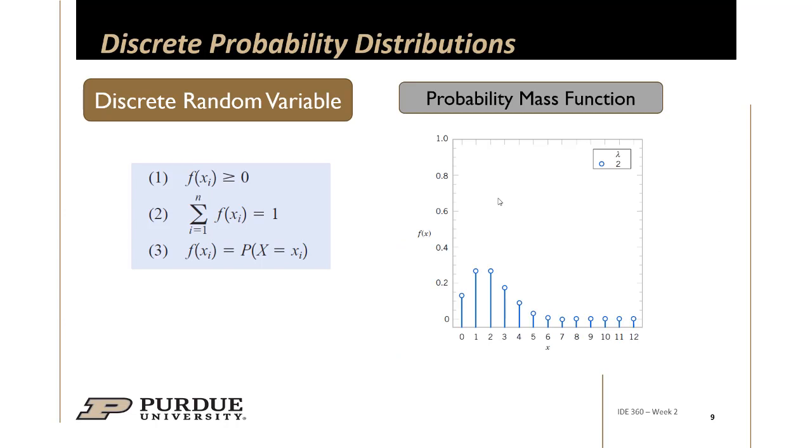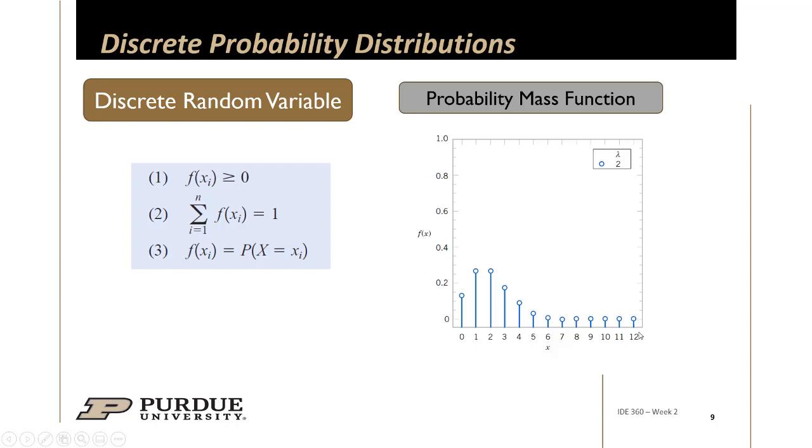We call the probability distribution in different ways depending on whether they are discrete or continuous random variables. For discrete random variables, we call it a probability mass function. On the y-axis you have f(x), which is probability, and on the x-axis all the possible values.